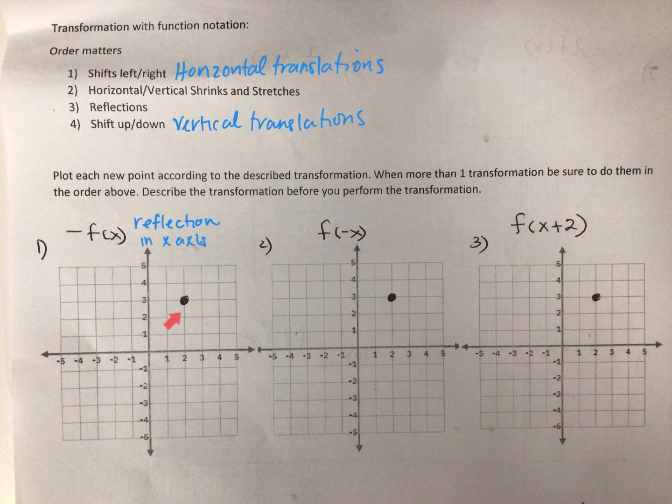Is it 2, negative 3? Mm-hmm. So it's going to go to 2, negative 3, because that flipped this point over the x-axis. So when the negative's on the outside, it flips it over the x-axis.